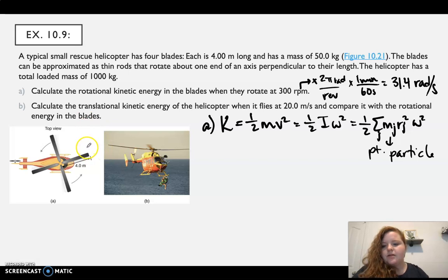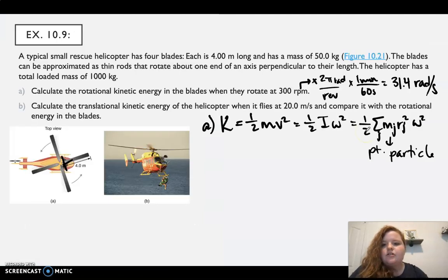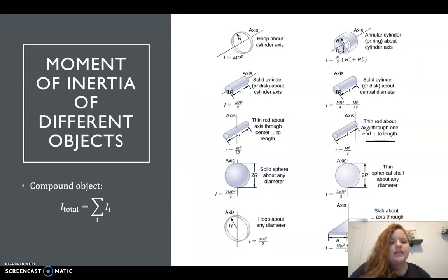Okay, so it's going to be perpendicular to their length. Thin rod about axis through the end perpendicular to the length, right? Make sure that I'm reading that right. One end perpendicular to the length.